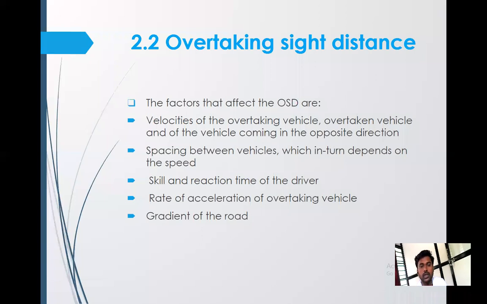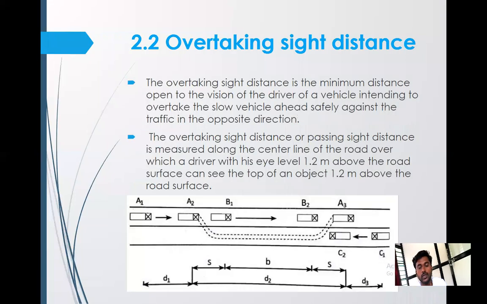Okay. Rate of acceleration of the overtaking vehicle. Vehicle A is required to accelerate more so that it can pass the vehicle B easily and safely.